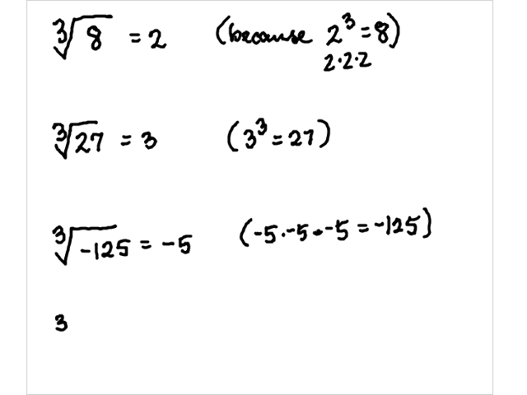And then if you put all that together, say you wanted the cube root of negative 8x to the third. Well, the cube root of negative 8 is negative 2, because 2 times 2 times 2 is 8. It's going to be negative. And the cube root of x to the third is x, because there's 3 x's.